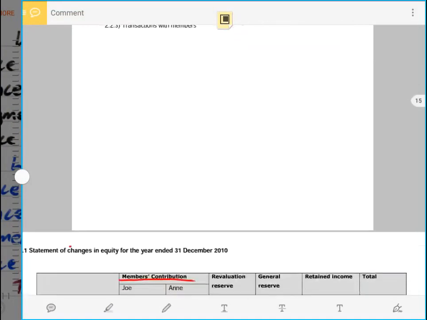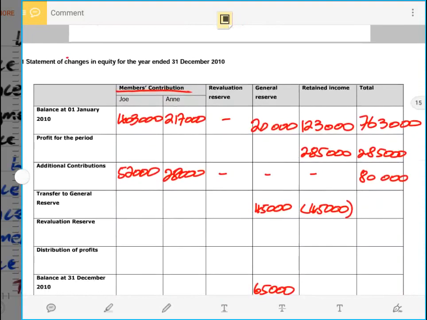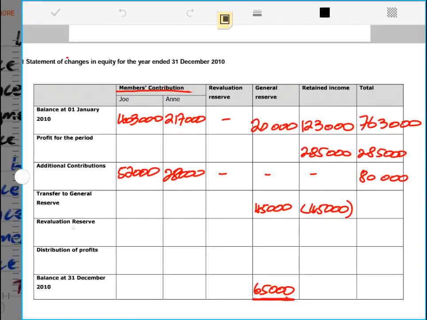So now we record that 150,000 rands under only the revaluation column. Then, the revaluation does not affect any other column, but it will just be recorded under the total column.